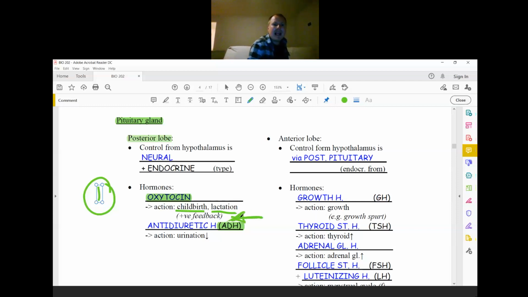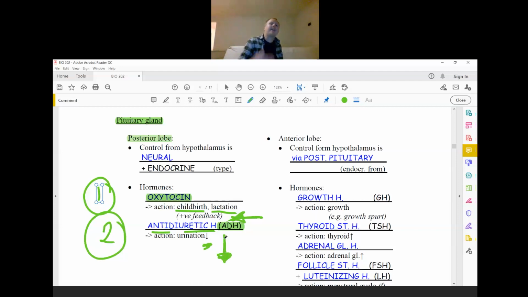The second hormone from the posterior lobe was our ADH. And ADH does really what it says on the tin. So it has all to do with production of the urine, and since it's anti-diuretic hormone, it makes the urination lesser. So it prevents or decreases the process and the amount of urine that is produced.